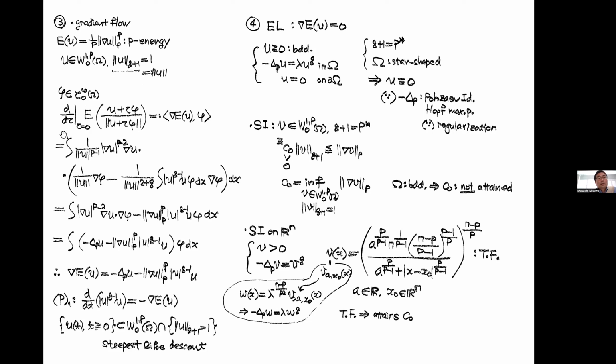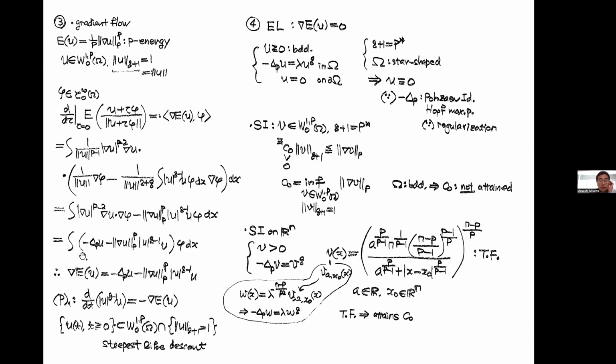So we can write this quantity, the gradient vector field of the p-energy with direction phi, in the distributional sense. Also, direct computation gives us the representation of this first variation. This is a very simple computation.